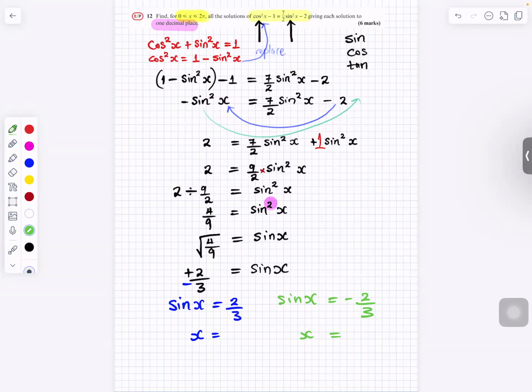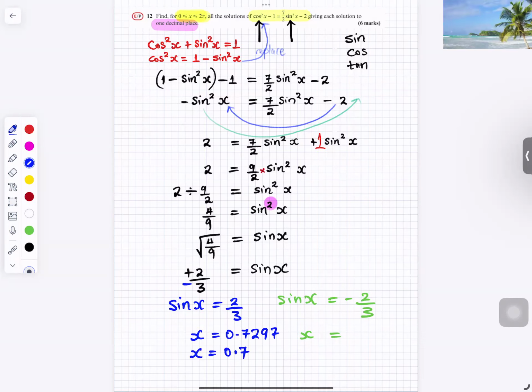It's 0.7297. To 1 decimal place it is 0.7.